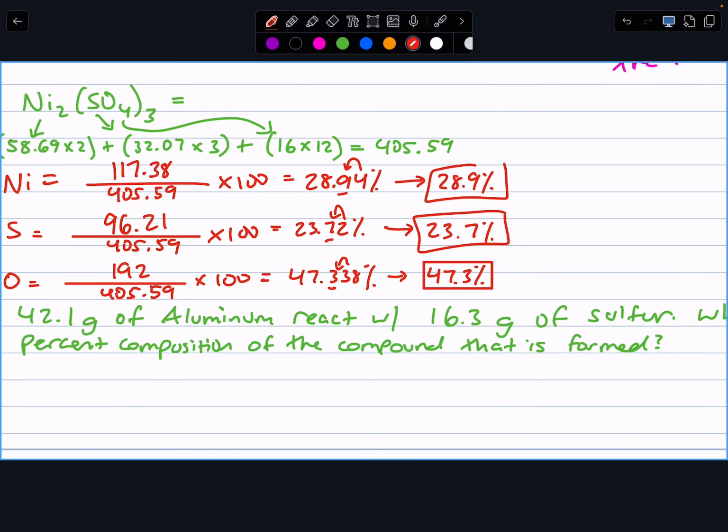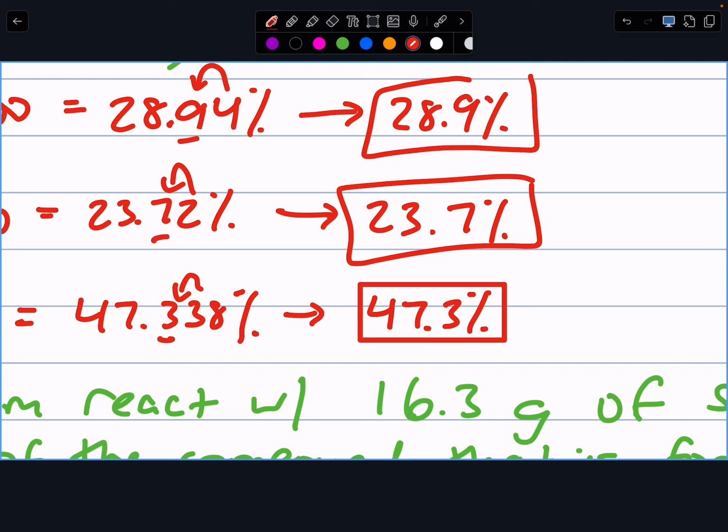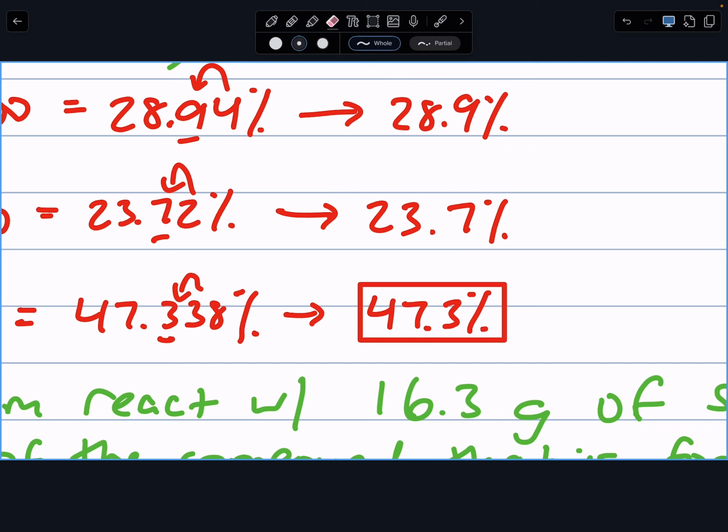All 3 of these numbers add up to 91.9? Makes no sense. Oh, 99.9. I said 91.9. I got scared. Sorry. Yes, 99.9. That is perfectly fine.